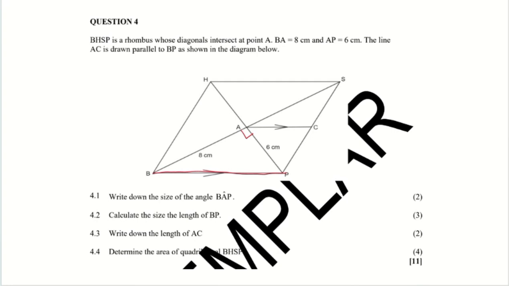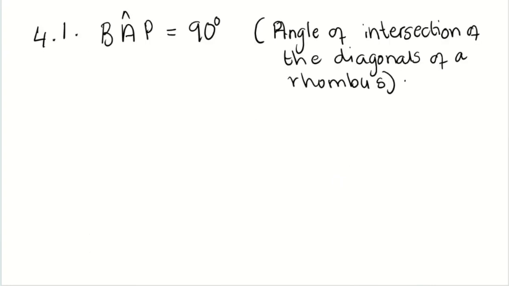Okay, so we have a right-angled triangle. We have two sides, and we are looking for the hypotenuse. What are we going to use? We know from grade 9 that if we are looking for the hypotenuse of a right-angled triangle, we can use the theorem of Pythagoras. So 4.2, we're looking for side BP, right?